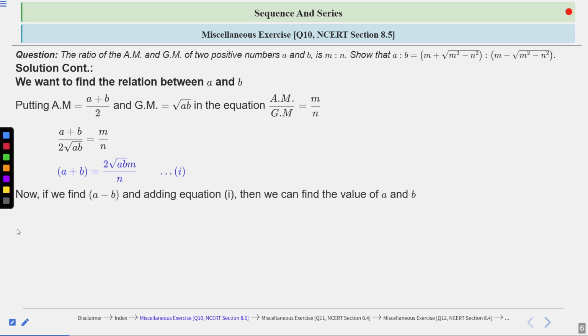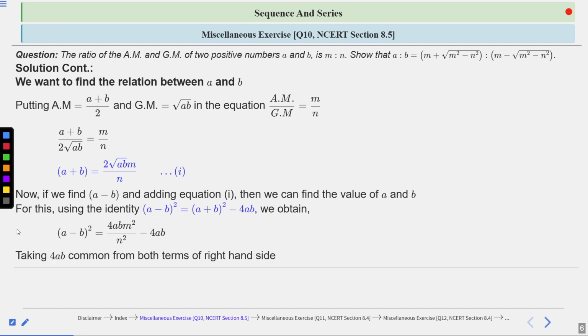Now, if we find a minus b and add it to equation 1, then we can find the values of a and b easily. For this, using the identity a minus b whole square is equal to a plus b whole square minus 4ab, we obtain a minus b whole square is equal to 4ab m square upon n square minus 4ab.